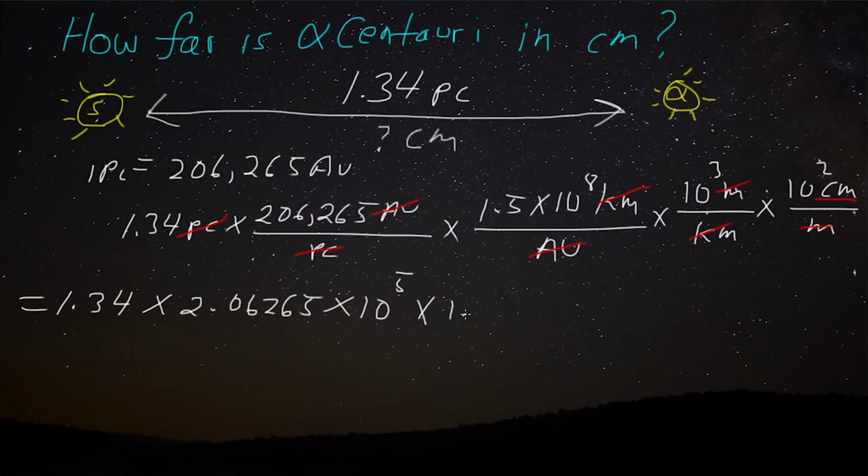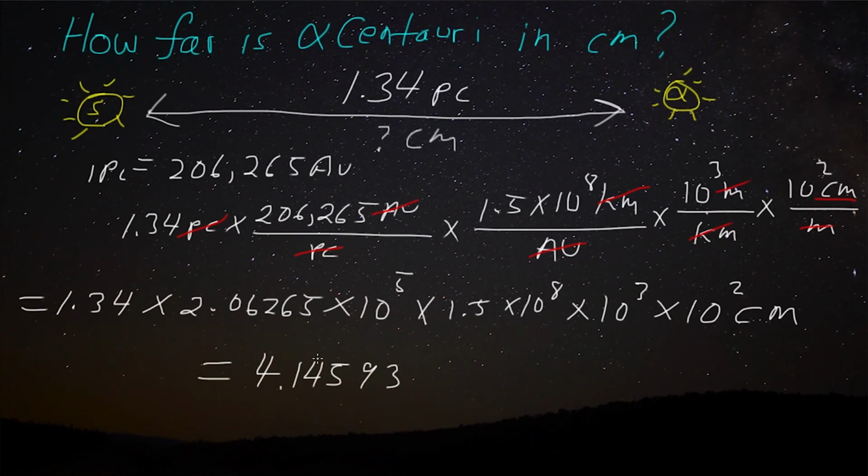We're going to go ahead and multiply that by 1.5 times 10 to the 8th, and multiply by 10 to the 3rd, and multiply by 10 to the 2nd centimeters. Remember, we know that our answer is going to be in centimeters. Well, I want my answer to be at the same level of precision that I can achieve with this number, so we'll go ahead and do that. And if we multiply this by this by this, we get.